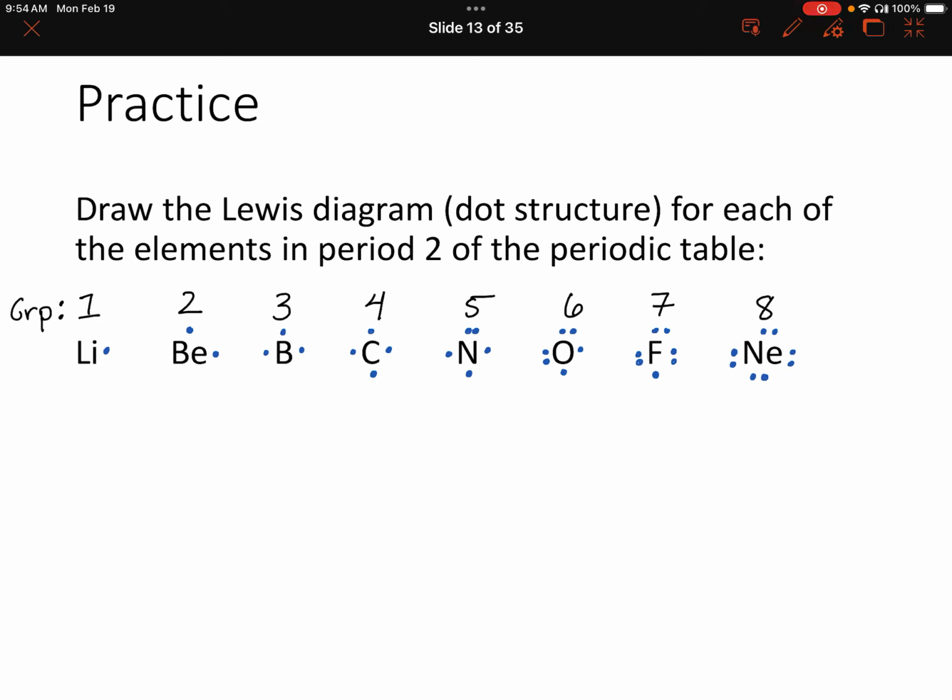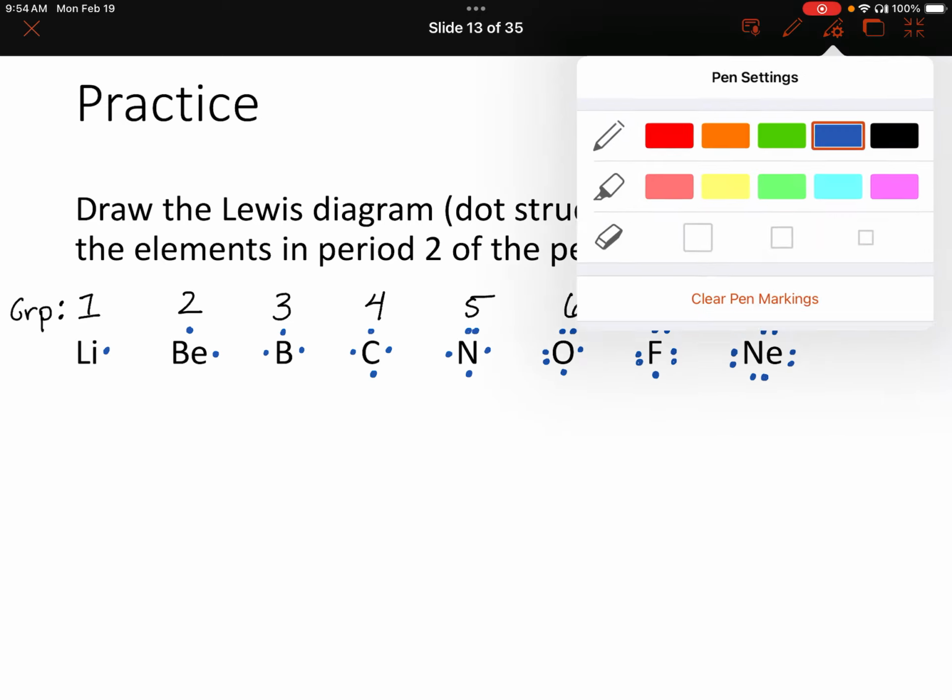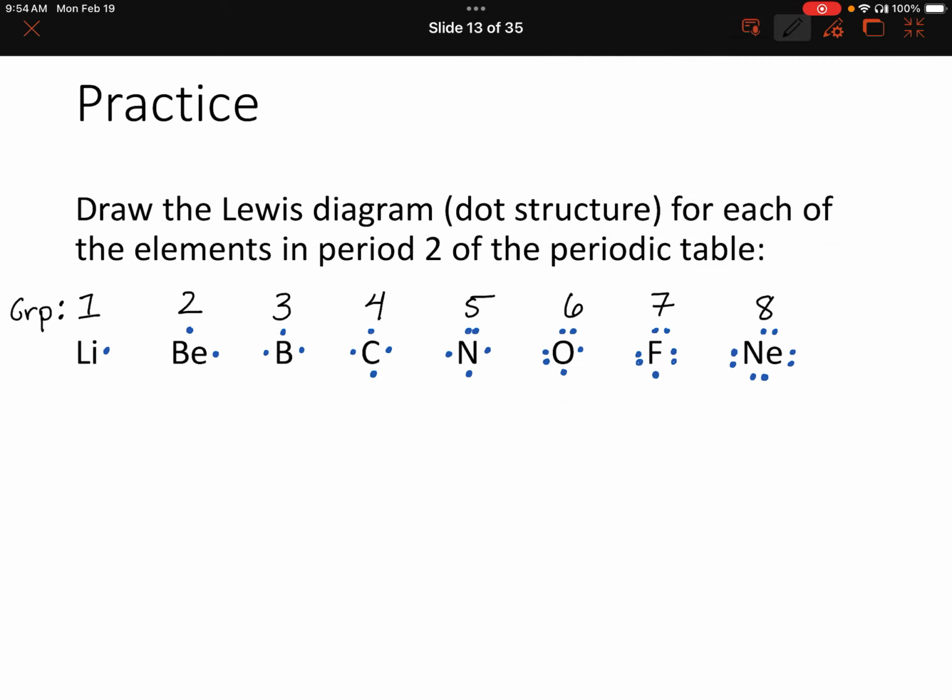All right, so now let's just say we're going down to period 3, so just below this one. This one has sodium, magnesium, all the way through to argon. So the Lewis dot symbols are going to look exactly the same as the period above.